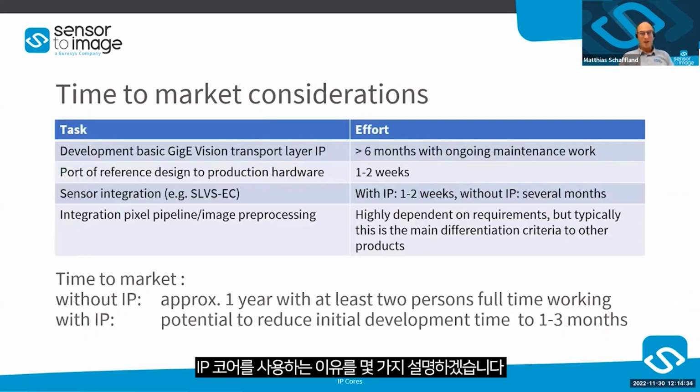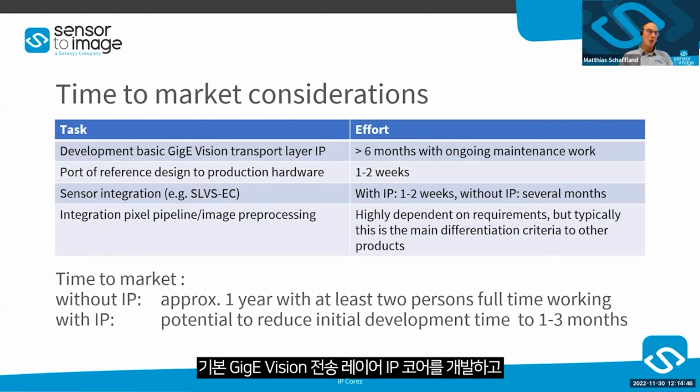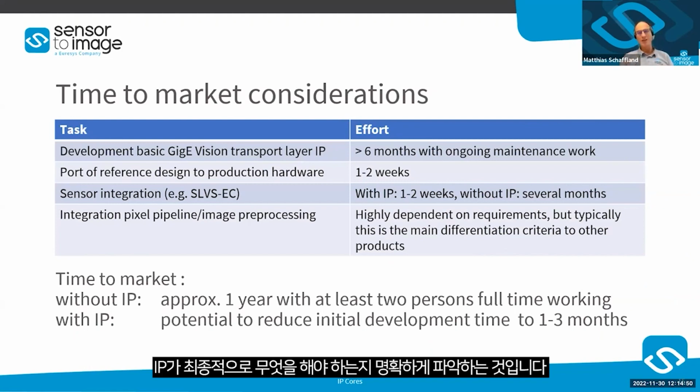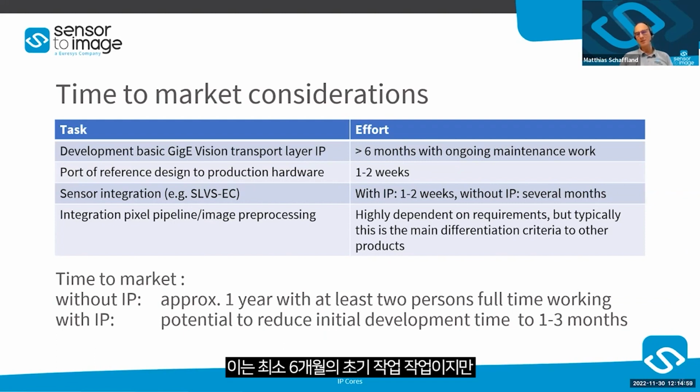Yeah, to give you some arguments why to use IP cores, some typical tasks you have to do when doing everything from scratch. Development of a basic vision transport layer IP core: if you really know what to do and have a clear picture what your IP should do at the end, this is at least 6 months of initial work, but with ongoing maintenance work as the standard evolves.